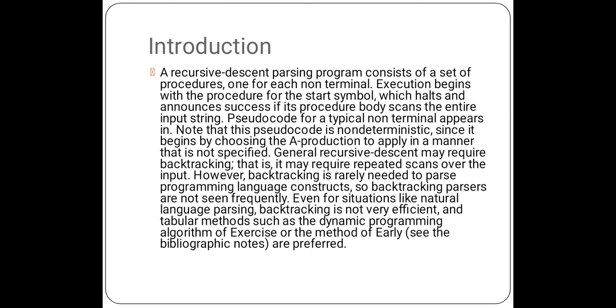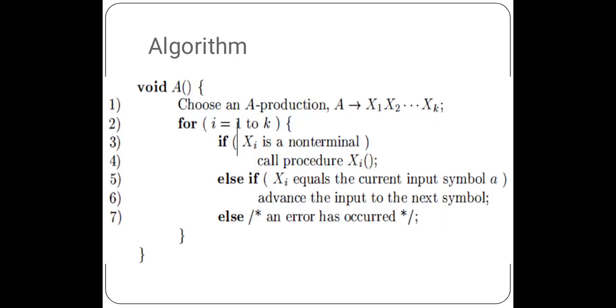Okay, and this is the algorithm that we have. You have void A, which is a procedure. The entire procedure is named using a function A, and then you have a set of productions. Here we have mentioned: choose an A production, with various symbols, or we could consider these productions as X1, X2, X3 up to Xk, and instead of k we could replace it with any number.